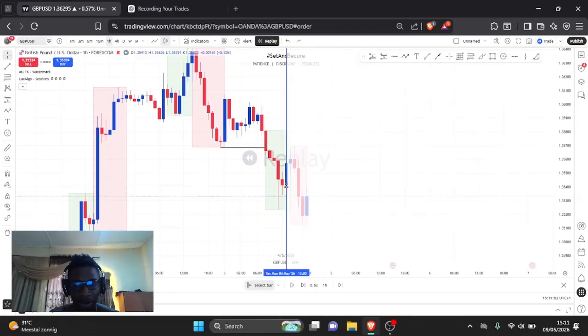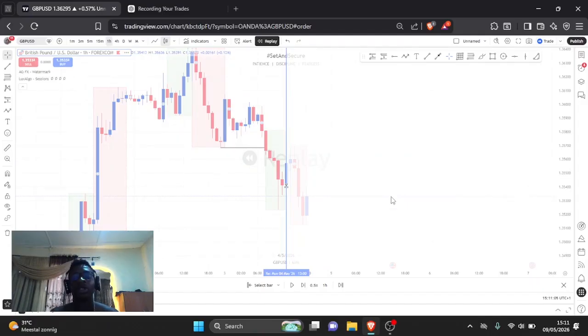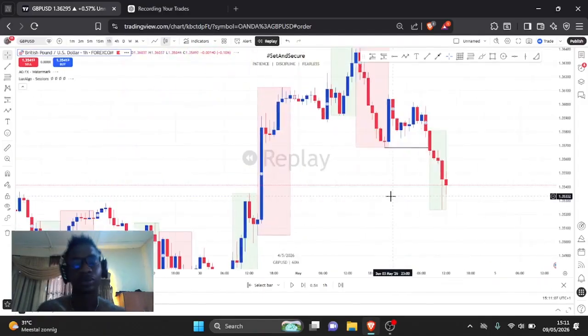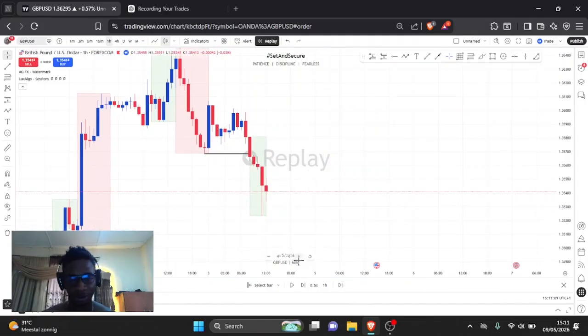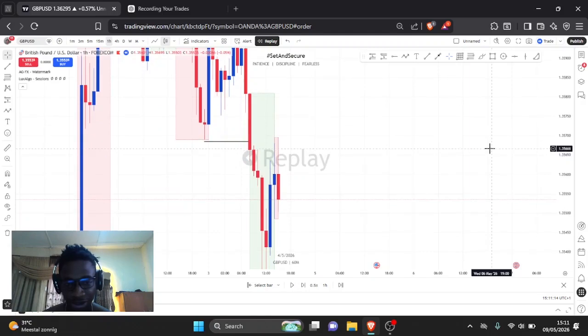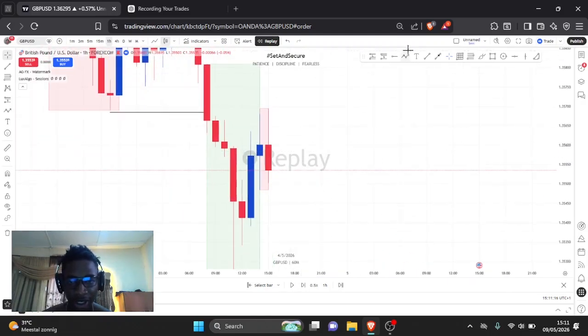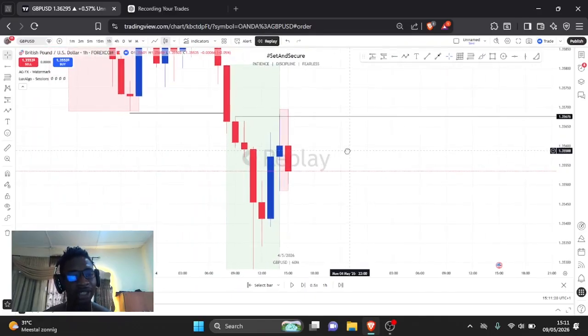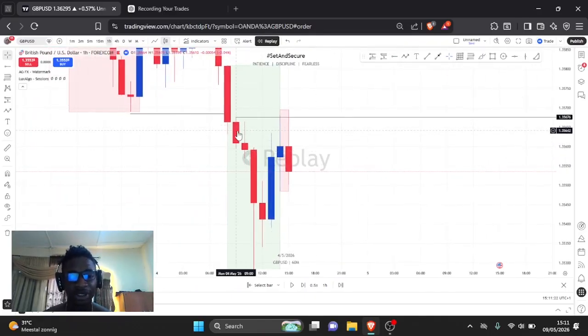Now, what are we looking for right now? London session didn't have liquidity, but New York session just opened, and they have what we call sell side liquidity. That's when we use the sell candle on 1 hour as a point of liquidity.